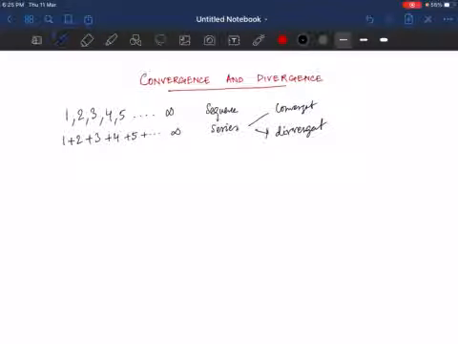A series can be convergent when the sum of all the terms, where k is equal to 1 to n, is equal to a finite number.